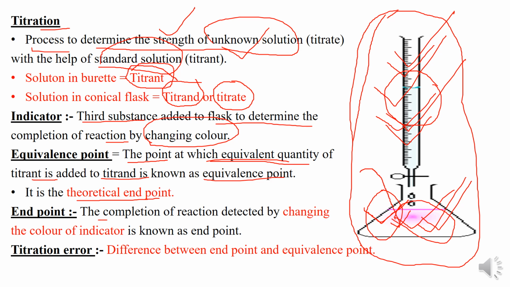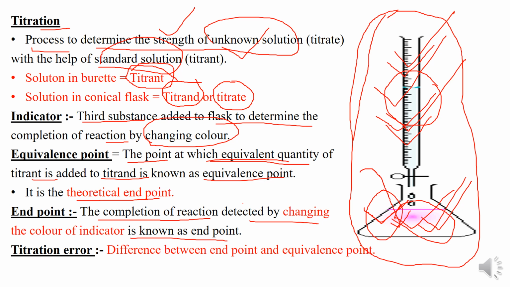The endpoint is the completion of the reaction, which is detected by the change in color of the indicator. At the time of the endpoint, the color of the indicator changes. We will also study the types of indicators. An indicator is a substance whose color changes after the completion of the reaction.